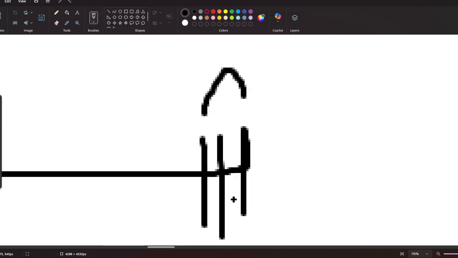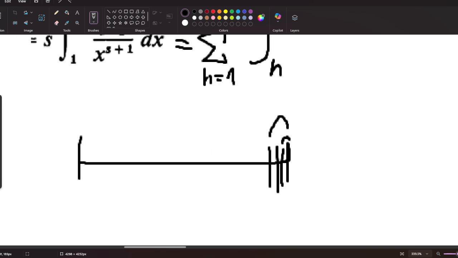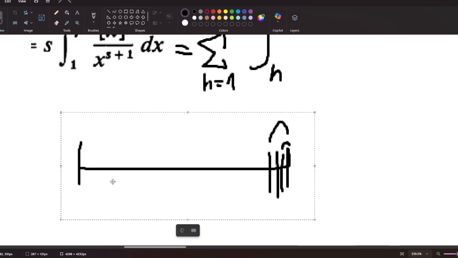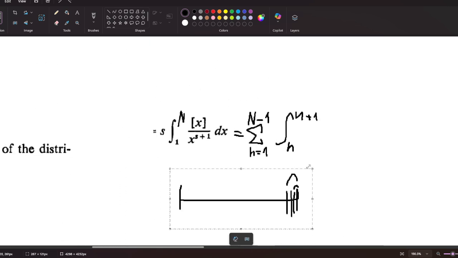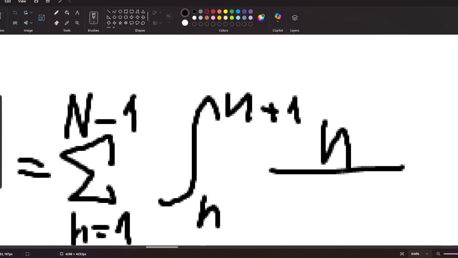As we take refinements of this, the length is going to approach 0, so the difference between the supremum and infimum is also going to approach 0. So in other words, the fact that it can take n plus 1 as the value doesn't matter, and we can just swap it for n.